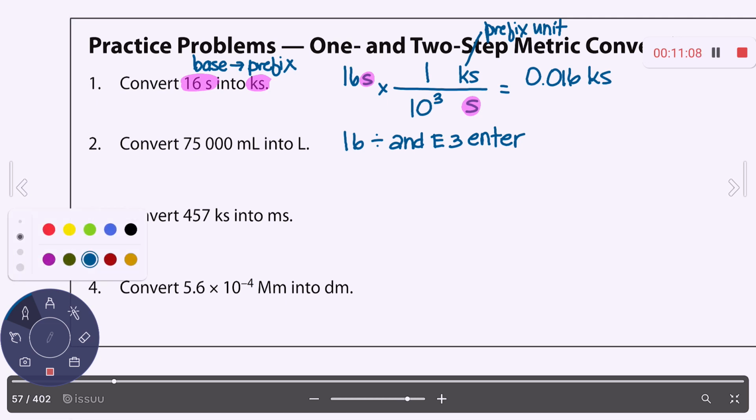Okay, now, in terms of significant figures, the number 1 and the power of 10, these have infinite sig figs. These are exact, okay? But I have 2 sig figs here in 16, so that's why I have 2 sig figs here in my answer. Okay. All right, do you want to try number 2 on your own? Okay, let's see what you guys come up with.